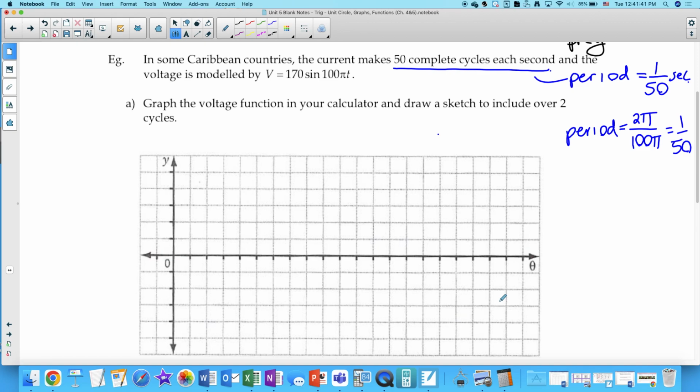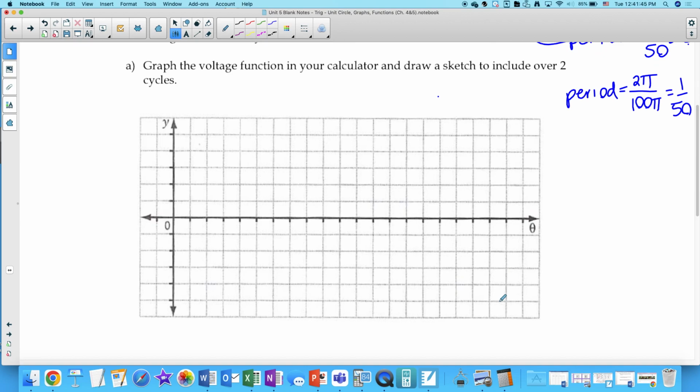So what I would do here is say, okay, let's set my max and my min. So let's say, I don't know, this could be 170. And that's 4. So down 4 is negative 170. Okay? And then I want 2 cycles. So if 1 cycle takes 1/50th of a second, how long is 2 cycles going to take? 2/50ths of a second.